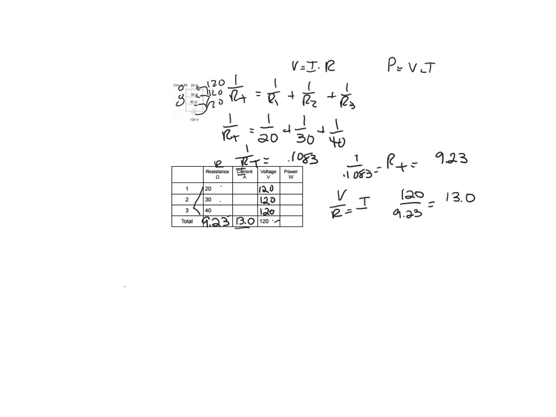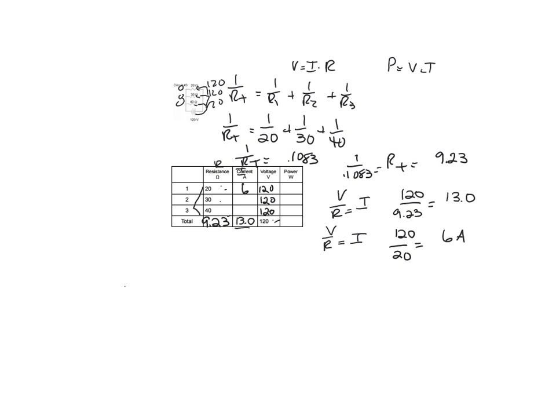Now I have two variables in each one of these rows. And the thing I do need to remind myself is that when I'm calculating current, I'm calculating the current through the branch. So I'm going to use the resistance of each resistor. Calculating V divided by R equal I. For the first resistor, 120 divided by 20 is going to give me a current of 6 amps.